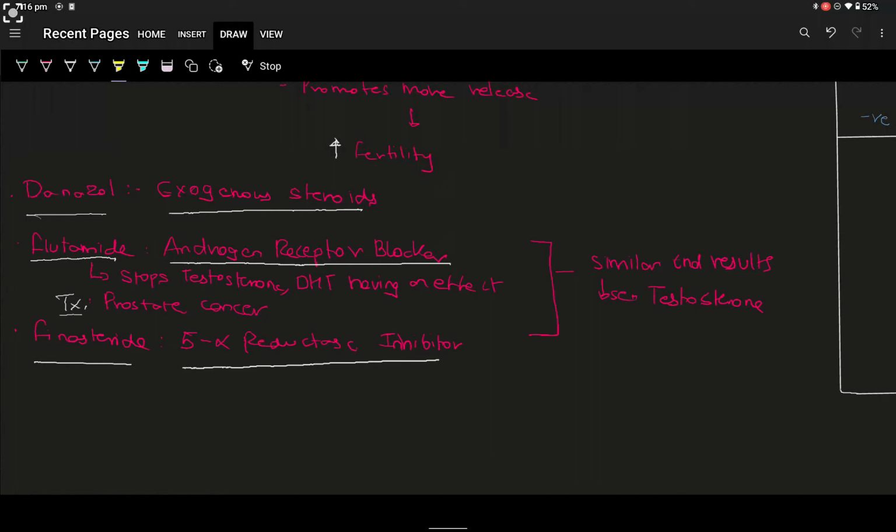It is usually used in the treatment of prostate cancer. The last drug which we have is finasteride, which is a 5 alpha reductase inhibitor. So both flutamide and finasteride have a similar end result, that is to decrease the level of testosterone.